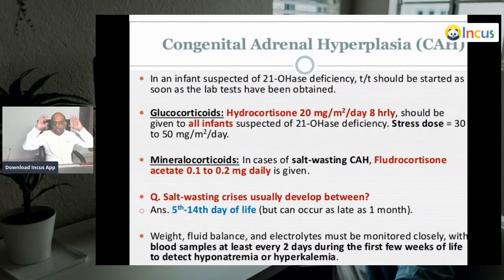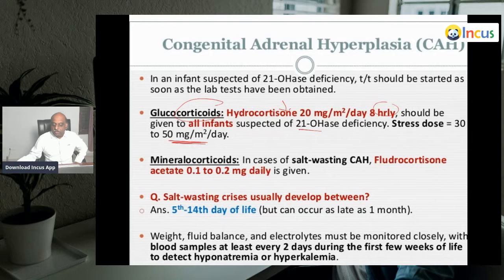So how do you treat congenital adrenal hyperplasia? You have to give glucocorticoids, hydrocortisone 20 milligram per meter square per day, 8 hourly, to all infants suspected to have 21 alpha hydroxylase deficiency. And the stress dose is 30 to 50 milligram per meter square per day.